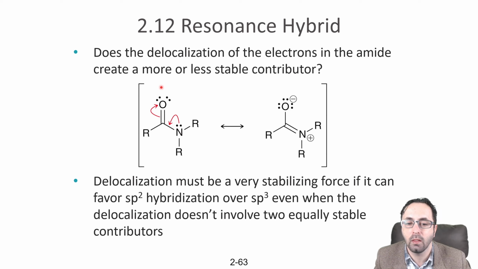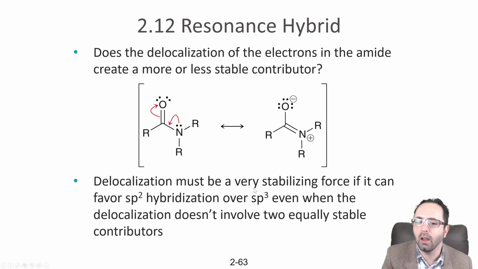So the true resonance hybrid is going to look more like the structure on the left, but there will be a little bit of the structure on the right. And the result is that it spreads out the charge so that it's not as much in a single particular place. And that means the molecule will be more stable.